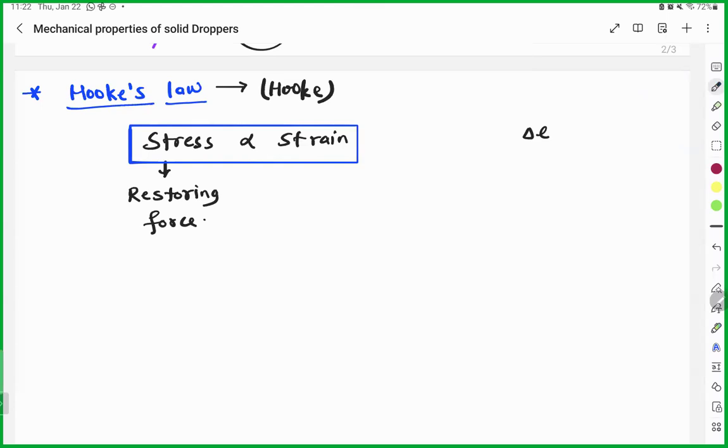So if you increase more length, then restoring force will be more. Can we say this restoring force will depend upon the delta L? More length you change, there will be more restoring force. Make sense?